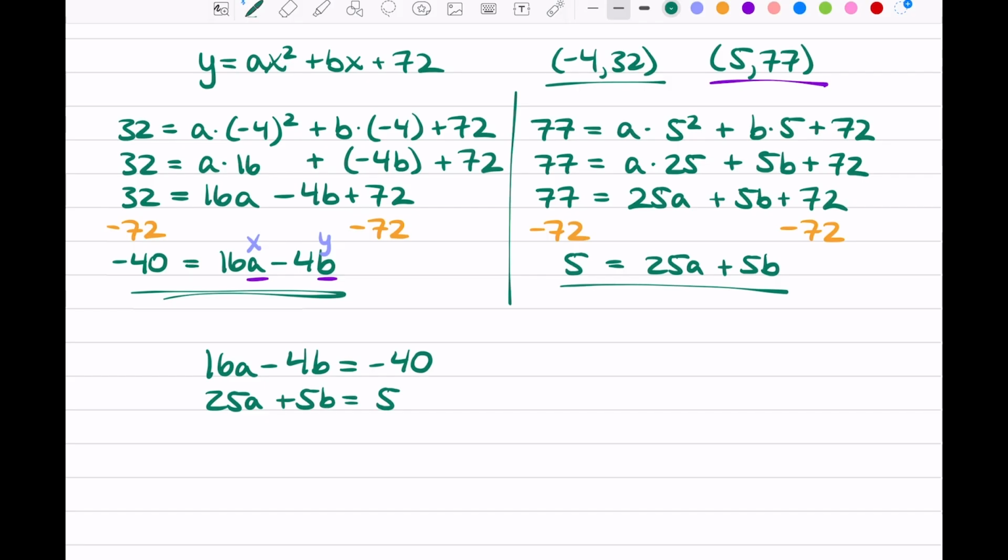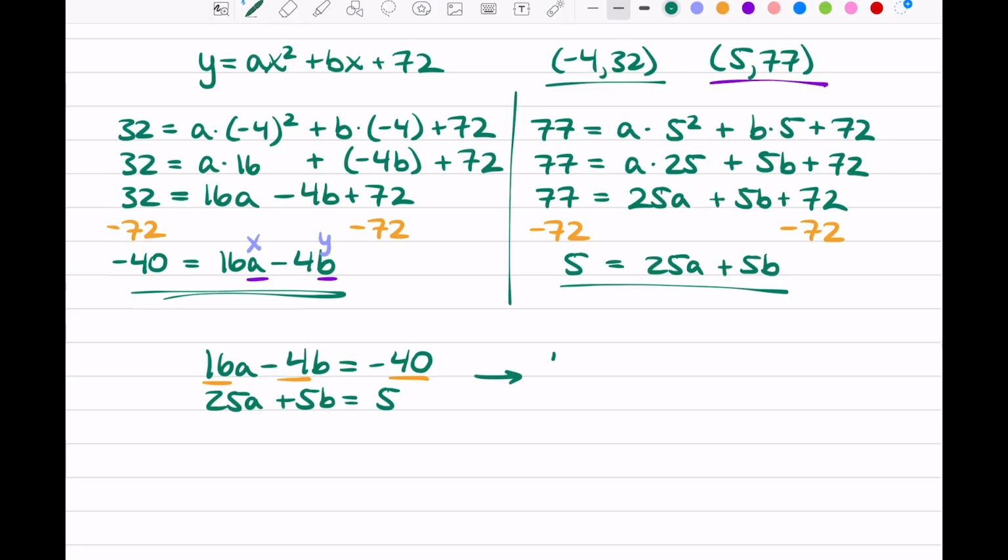Writing it this way lines up our variables, and with systems of equations, we have two options, substitution or combining, and these equations are set up for combining. We have our variables lined up, and before we combine, there's actually something we can do to make this simpler. Each of these numbers is divisible by 4, so we can factor out a 4 and make those numbers smaller.